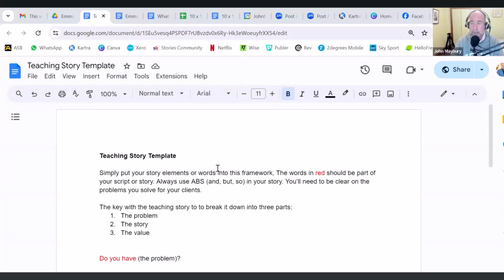We've introduced the ABS, the and, but, so structure before, and you can literally use this template and it'll be available for you. You can download it, but again, you need to be clear about the problems that you solve for your clients. Remember, there's a difference between a problem and an outcome.